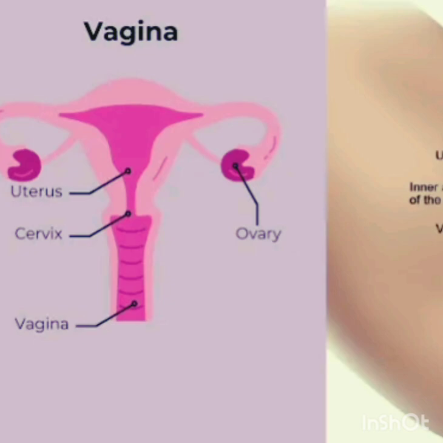The ovary is the site where eggs are released to the fallopian tube. We have the uterus, and we have the cervix. This is a very important part, because during labor, first of all we have cervical dilatation, then the contractions, the concept of uterine contraction and cervical dilatation.